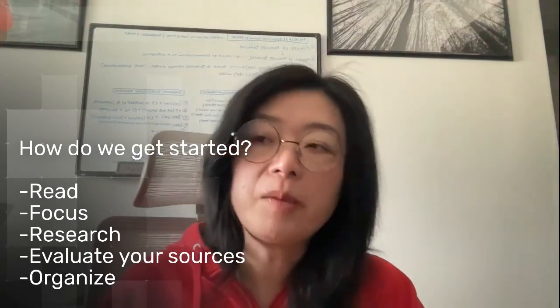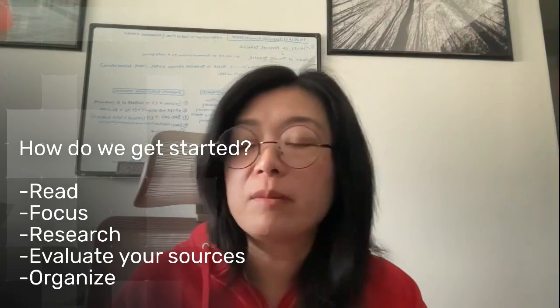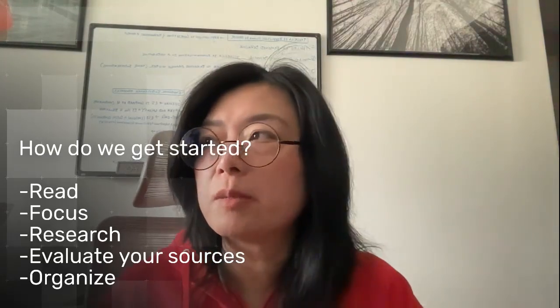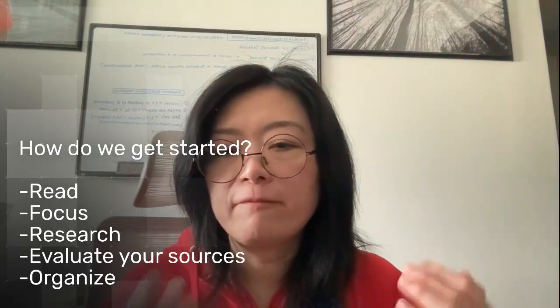You have to do what is most comfortable to you. I personally don't do it by chronology because unless I'm writing the historical appearance of particular OD theories, I am not going to be writing it in chronological order. So again, figure out the way that works the best for you, right?